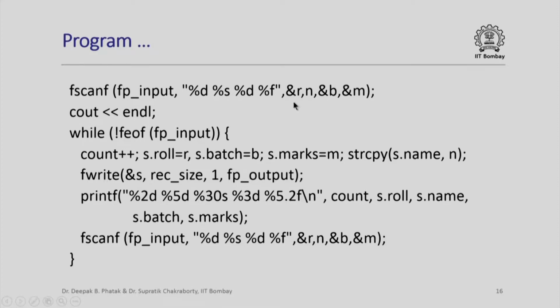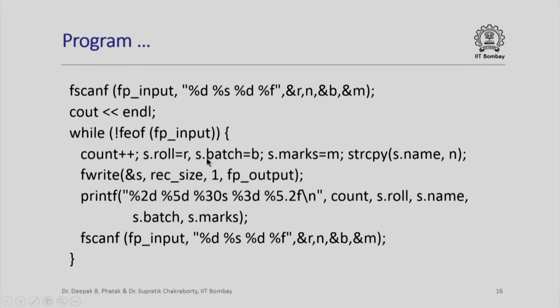So having read these numbers, I will start the file iteration as long as fp input file has not ended. So not feof of fp input, I will continue to iterate like this. And what do I do in every iteration? Simple. I have got values of r, n, b and m, which I assign to elements of my structure variable s.